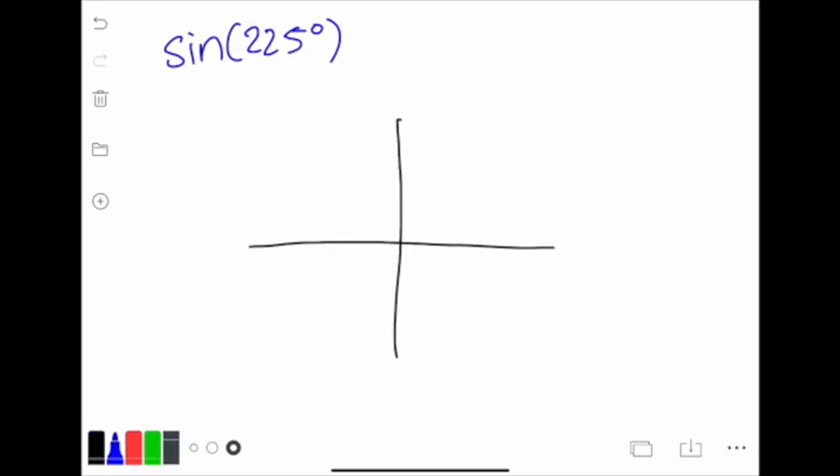So 225 degrees puts us right here in the third quadrant. If we take the time to calculate the reference angle, or the angle that we want to refer to, this would end up being 45 degrees. So notice we end up getting this right triangle here, which happens to be the 45-45-90 triangle.